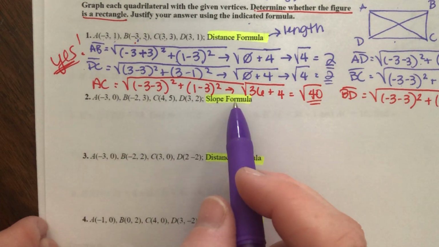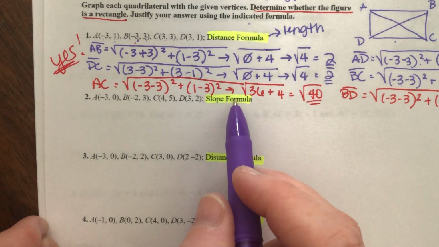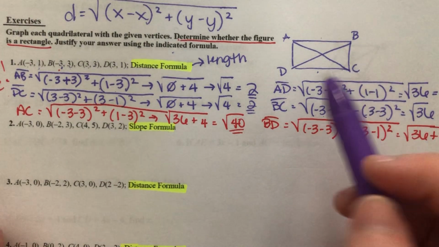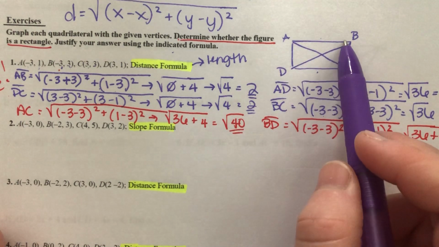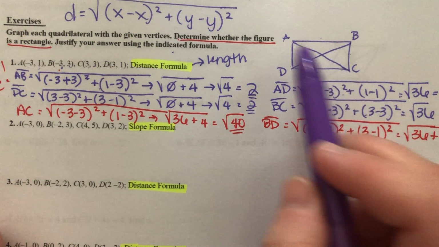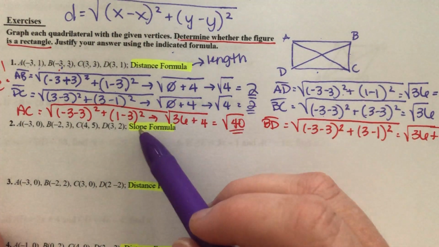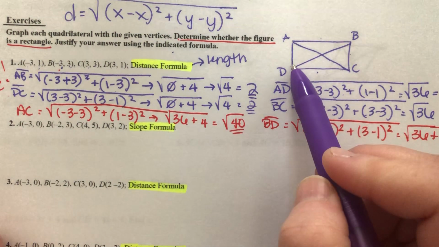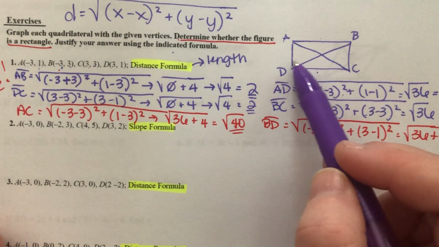Okay, so here I have to use the slope formula, not distance. So now I want to determine if both pairs of opposite sides are parallel. So does AB have the same slope as DC? Does AD have the same slope as BC? And then using slope, I have to figure out, are one pair of adjacent sides perpendicular?